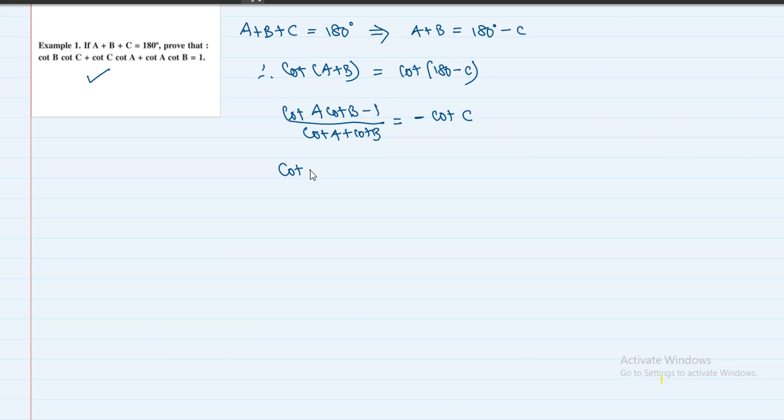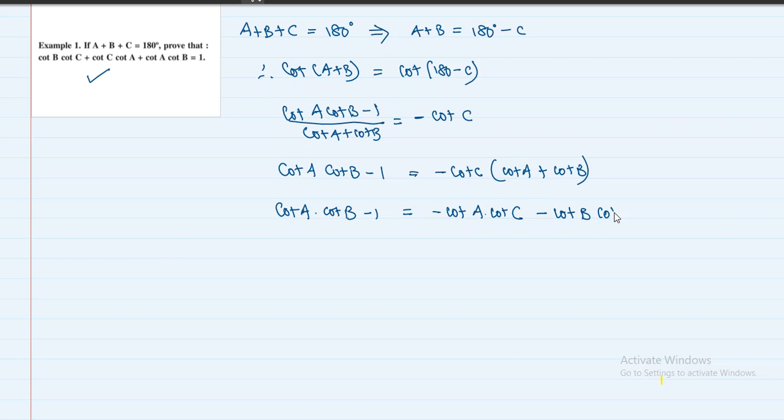We get cot a cot b minus 1 is equal to minus cot c times cot a plus cot b. So cot a cot b minus 1 is equal to minus cot a cot c minus cot b cot c.